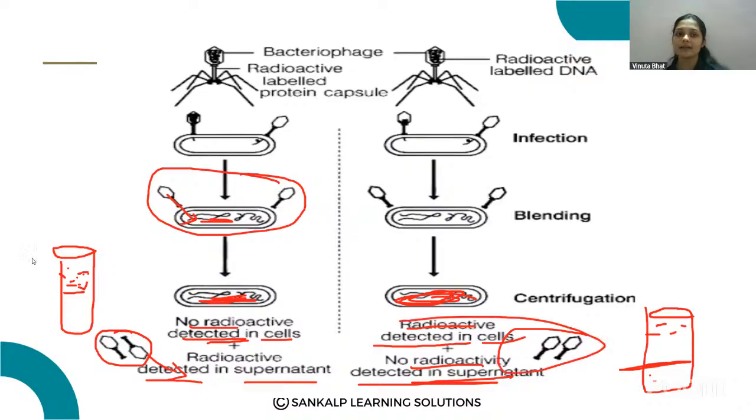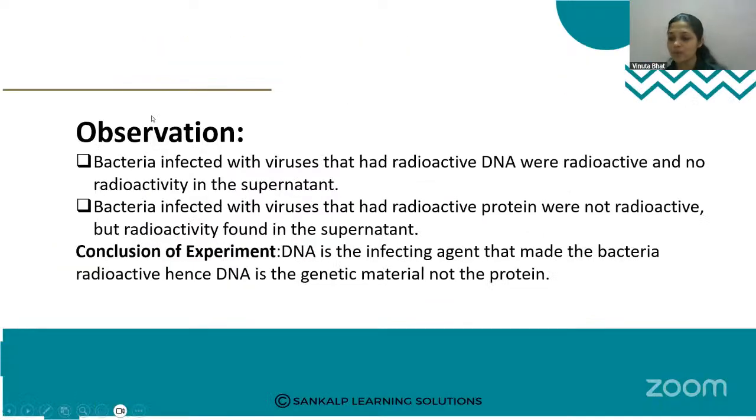So that is the experiment done by Hershey and Chase. Here, what they observed in this experiment: bacteria infected with viruses that had radioactive DNA were radioactive, and no radioactivity was present in the supernatant. So the observation is very important.